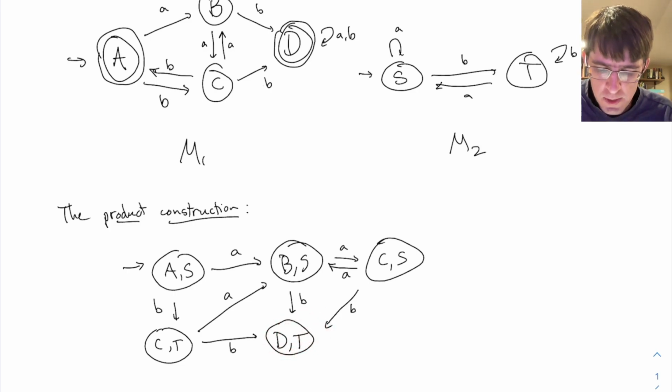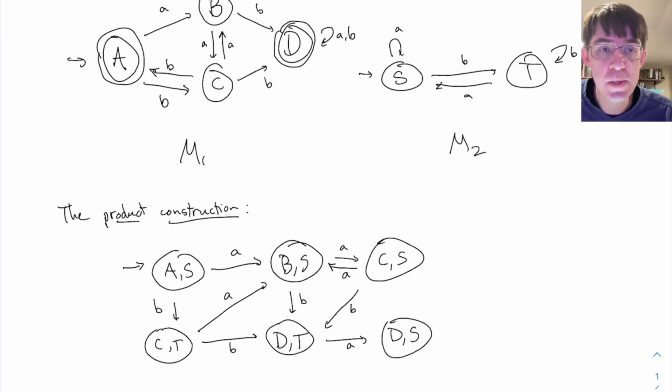The A arrow from DT goes back to D and to S. This goes to DS, which unfortunately is not here, so I have to make a new one. That's the A arrow from DT. And then I also have the DT with the B arrow. It's D and T. So this B arrow is a loop back.